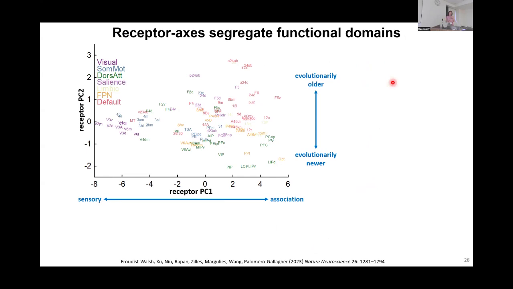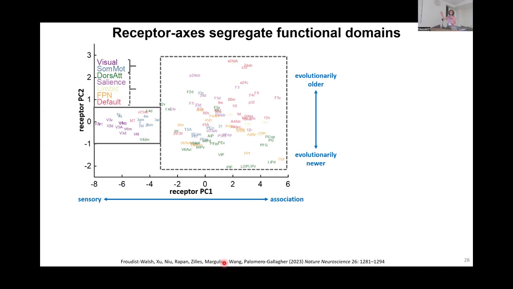Now again, trying to link structure and function, the color coding of the names of the different areas here follows different functional systems that are often referred to by cognitive neuroscientists. And two of these networks belong to the sensory domain, and the other ones belong to the cognitive domain. And what we see nicely is that the sensory domain is to the left of the image. Wonderful. I mean, that's what I said in my previous slide.